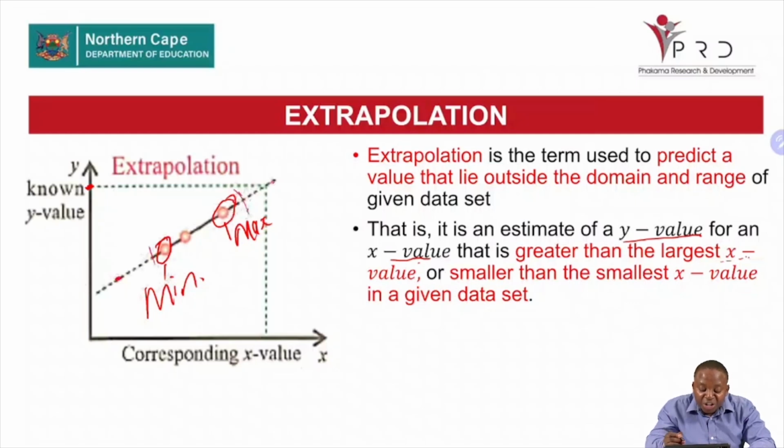That is extrapolation. Interpolation, the value must be between the minimum and the maximum point. If you look for the value A there, that will be interpolating. Now, if you're extrapolating, maybe value B, it is somewhere outside of our maximum and our minimum range. So any value outside, extrapolation. Within the minimum and maximum, interpolation.